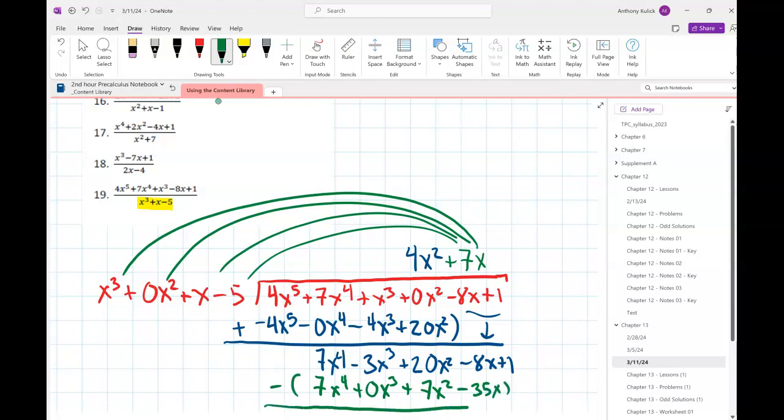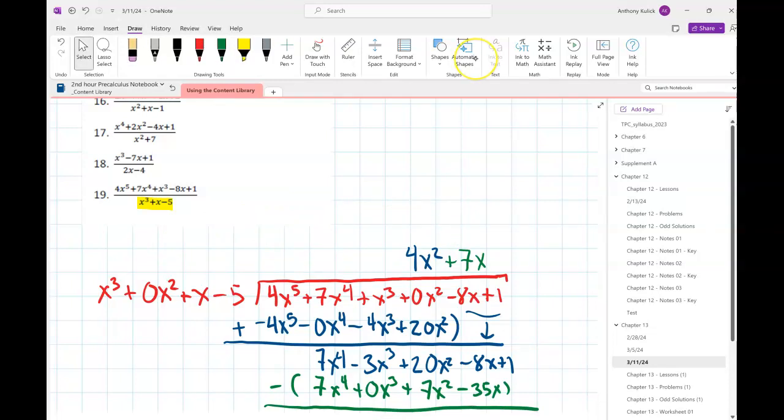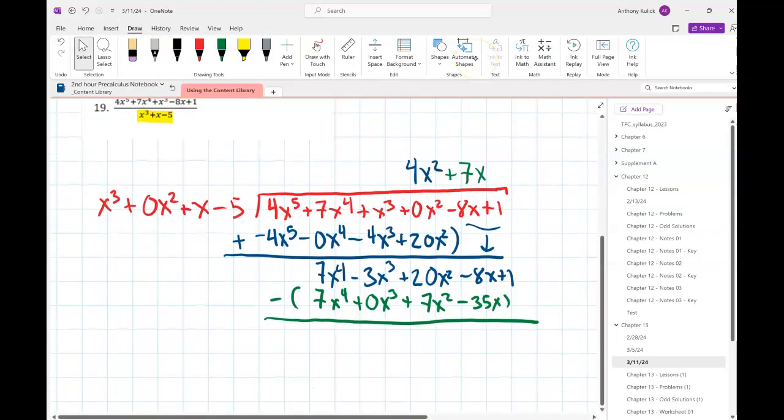And then subtract down. But again, I don't like to think about these as subtraction problems. I want to think about it as addition problems. So I'm going to distribute that negative through.